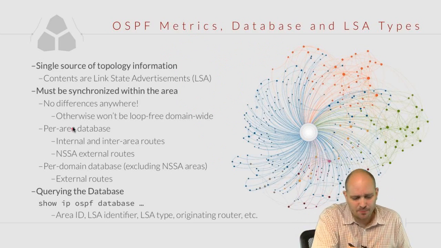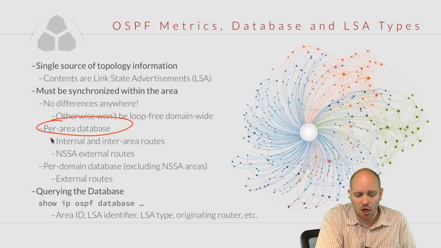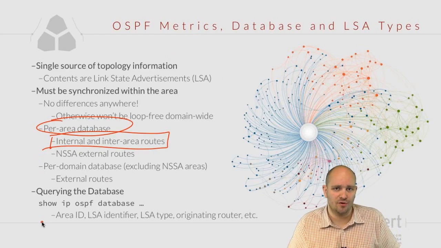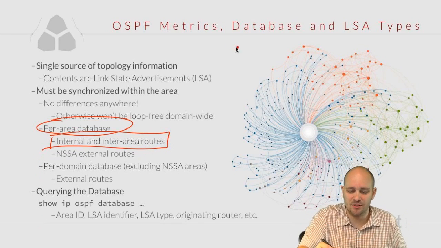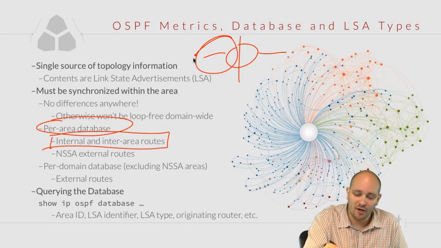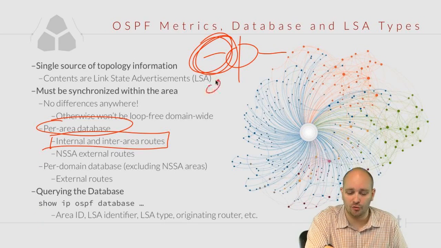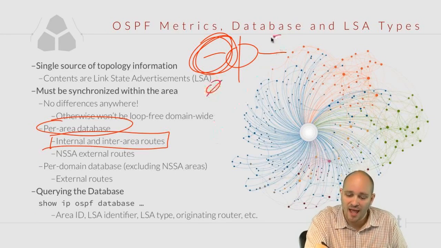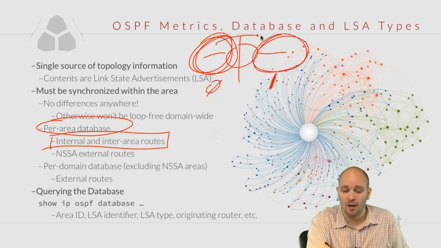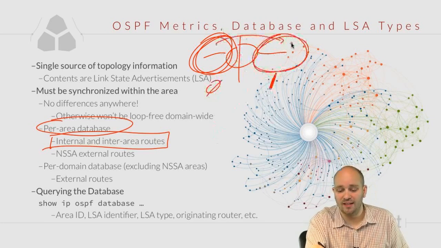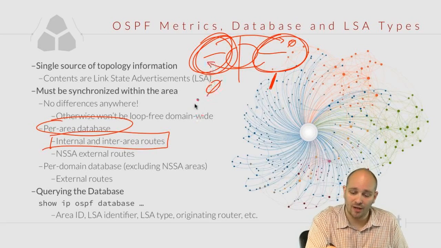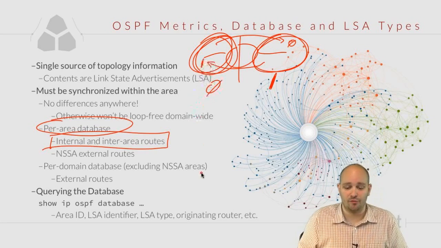These per area databases are kept for internal and inter-area routes. That means these databases on this router are going to carry the information about all the internal routes in area 0, and all internal routes for area 1, but also in area 1 we are going to have the inter-area routes from area 0, and in area 0 we are going to have the inter-area routes from area 1.